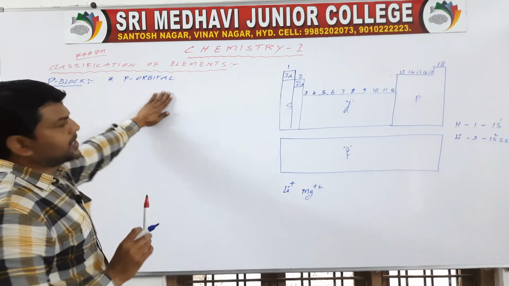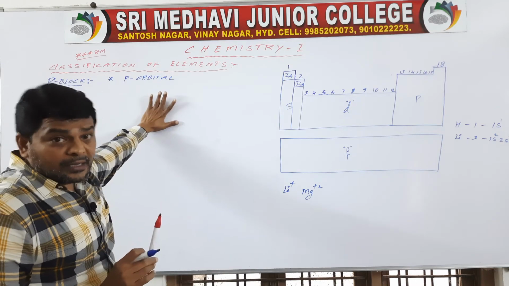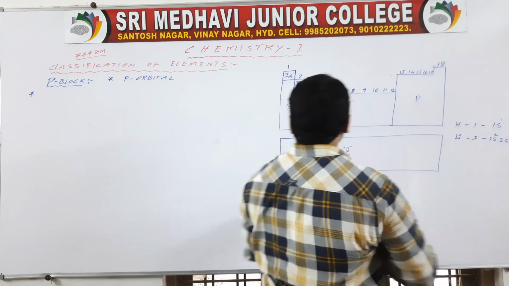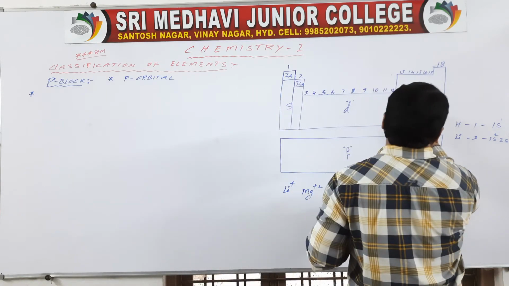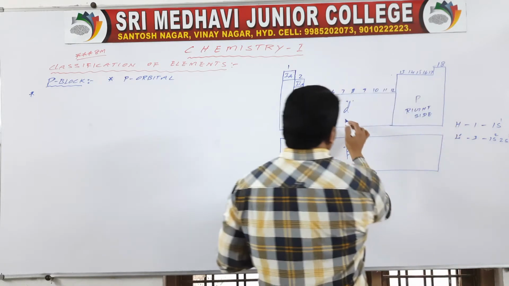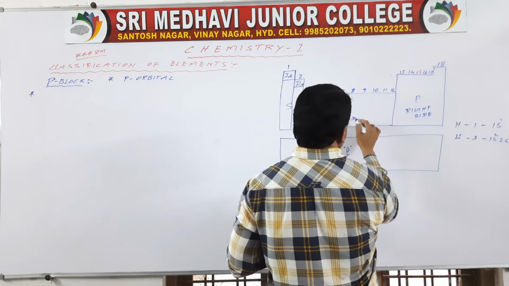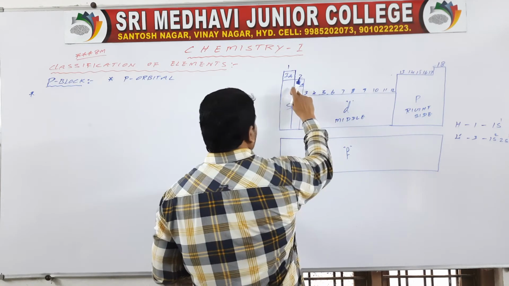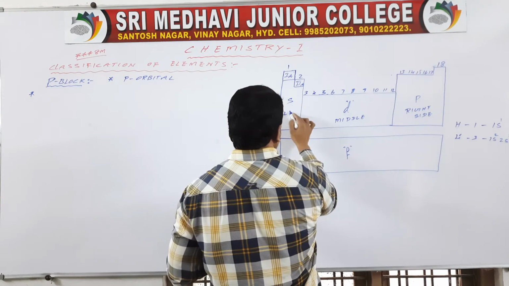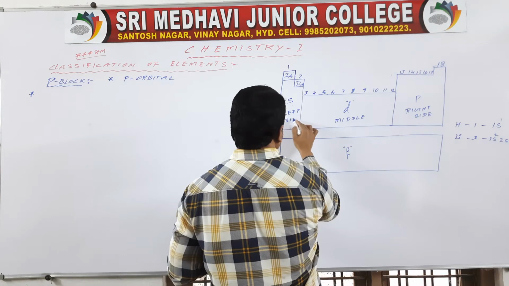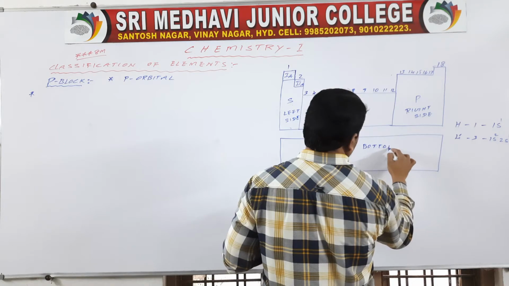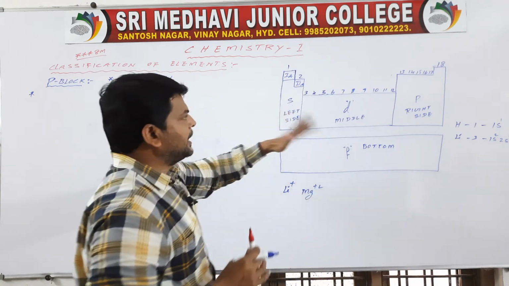Elements whose differentiating electron enters into the p orbital are called p block elements.